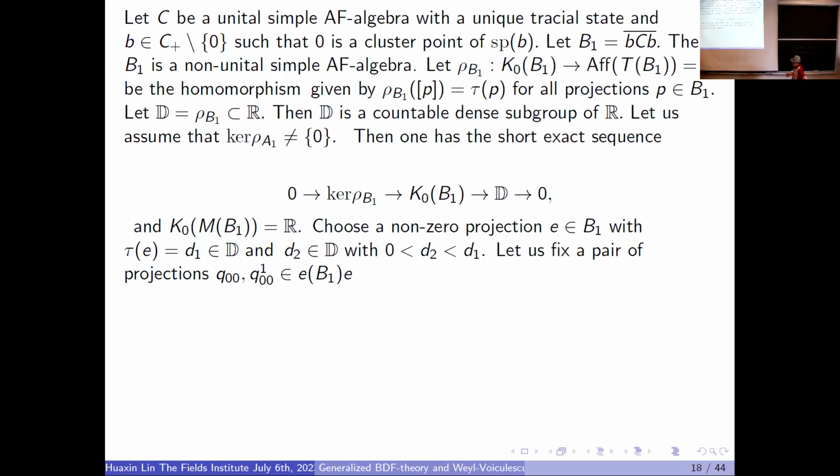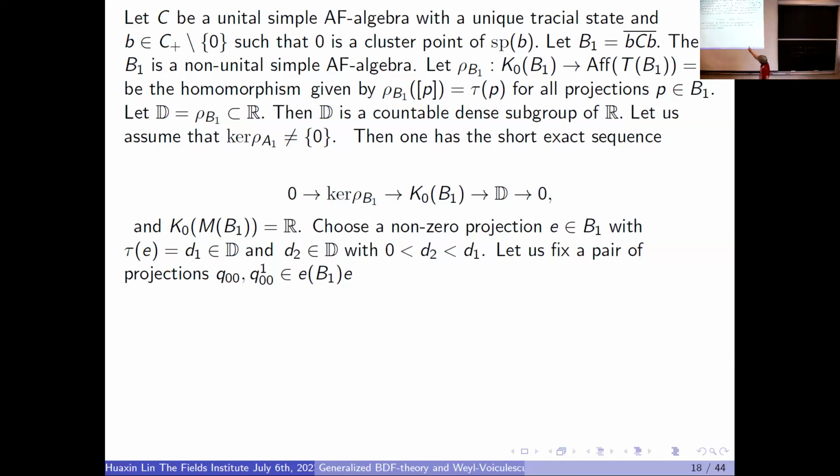Is it clear why you want it to be an AF algebra? What I'm going to say doesn't really need an AF algebra, but I want to have lots of projections, so you have some freedom to choose these projections there. And you know, these are sort of dense, you can find those things.